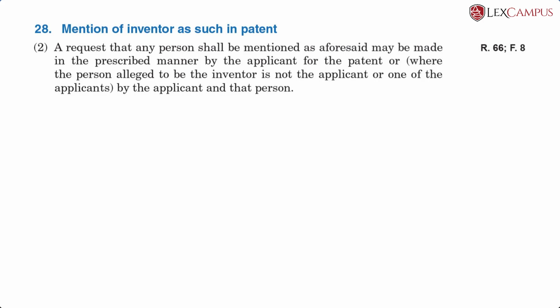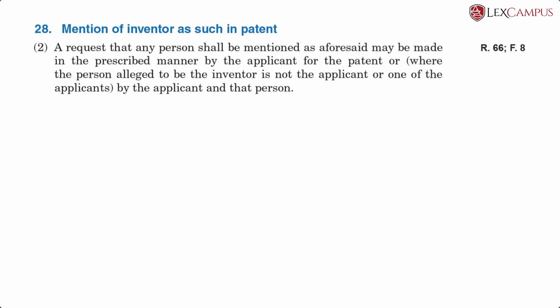Or where the person alleged to be the inventor is not the applicant. Now, this is where I mentioned the fact that you are an inventor, your right is that of a creator, whereas the applicant is the owner. So, you could create something and assign it to somebody else.